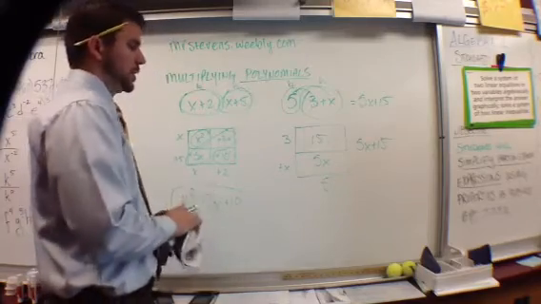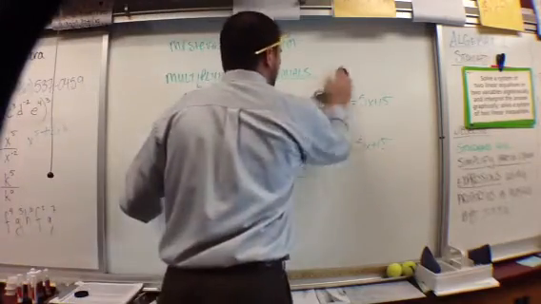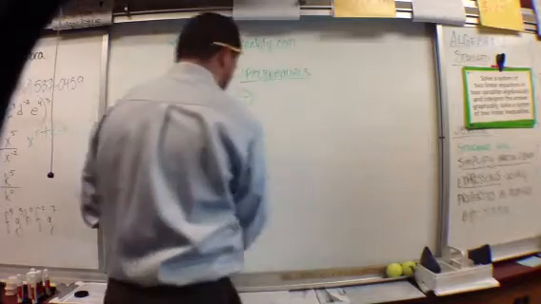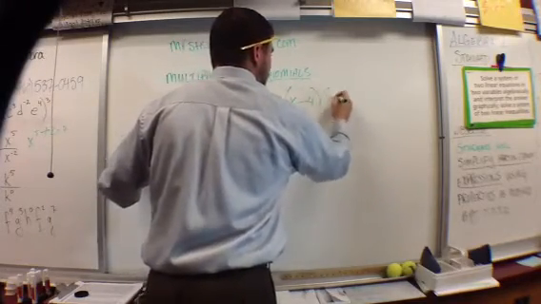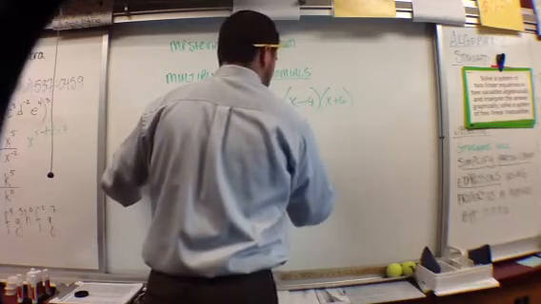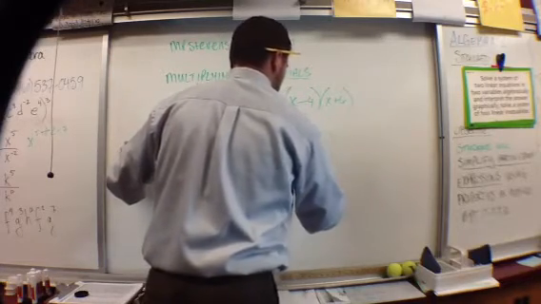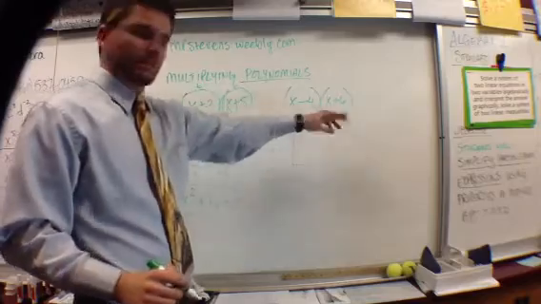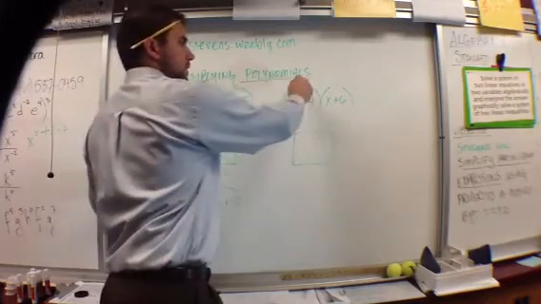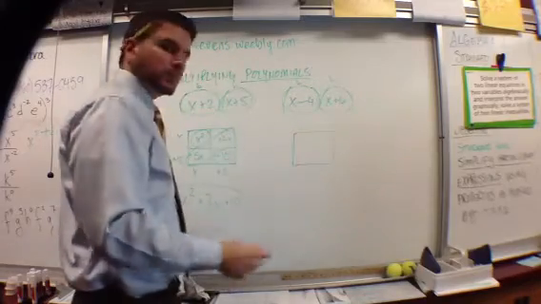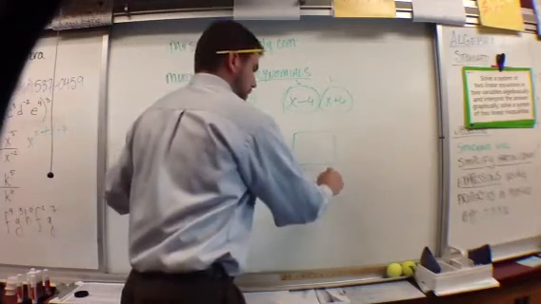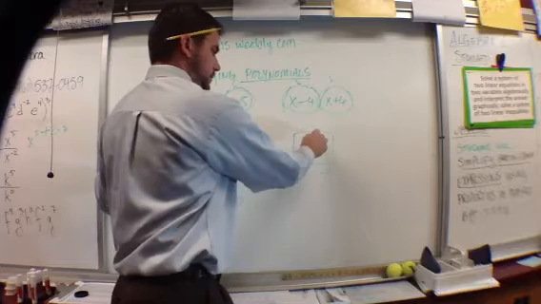Getting a little bit more complicated, we have x minus 4 times x plus 6. Once again, we'll consider this our base and this our height. So our base is an x and a negative 4.